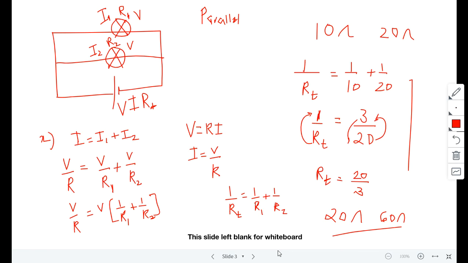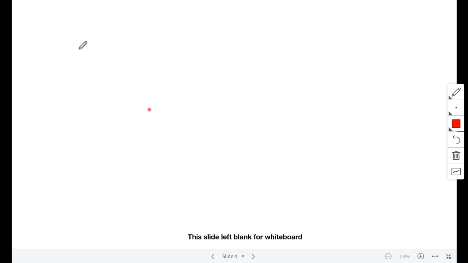Is it 15? Yes, that's right. Okay. Now three resistors are connected in parallel: 60, 20, 30. Find the equivalent resistance. They all are connected in parallel.